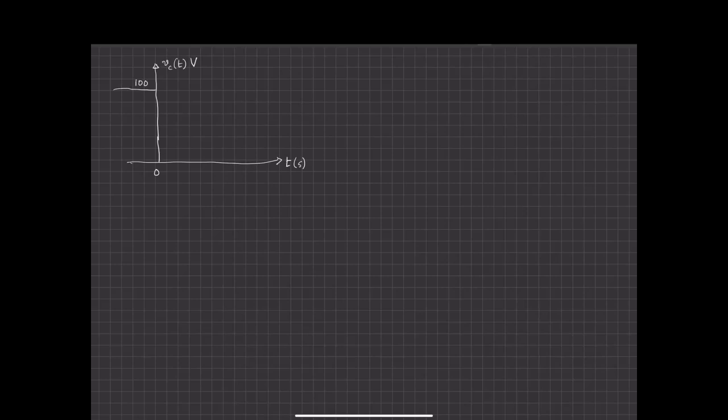Okay. Where is the circuit being pushed to? That is, what is that 50 volt voltage source forcing the circuit to go towards? That's Vc at infinity, and we know what that is. That's 20 volts from the previous page.